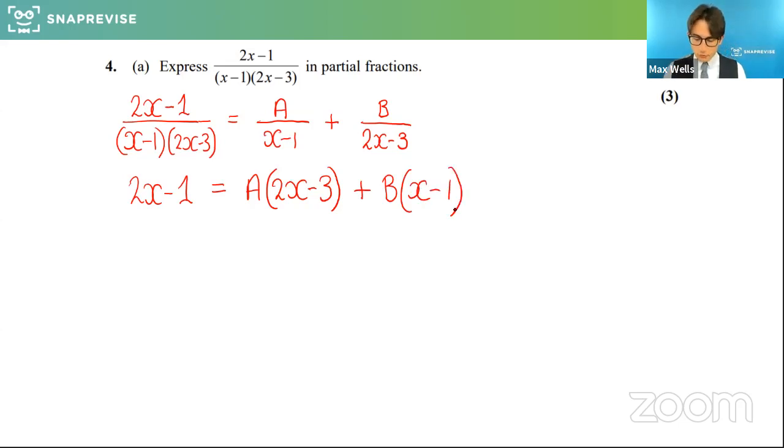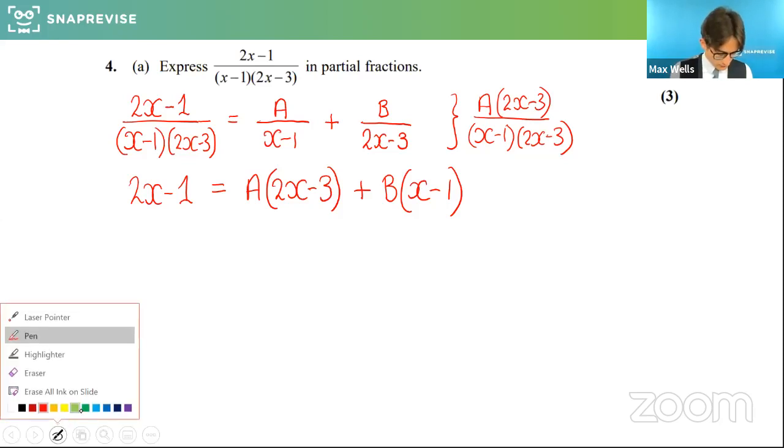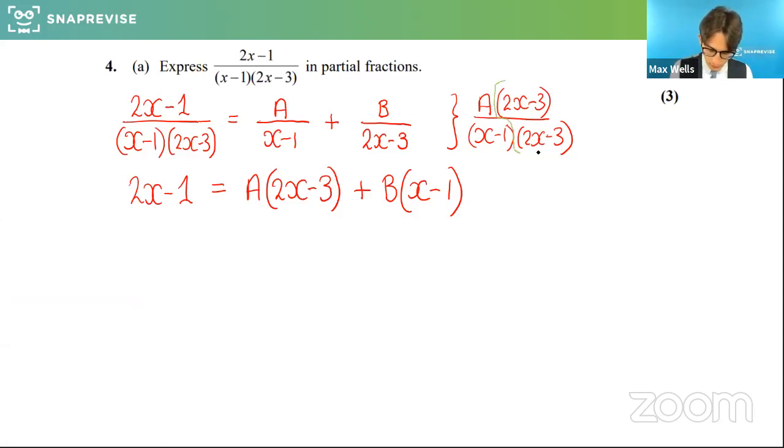Okay, and some people struggle with that step, so I'm just going to explain where that's come from. Remember that to make it a common denominator, you would have a times 2x minus 3 over x minus 1, which it was originally over, and 2x minus 3. So what we've done essentially is we've just times by 1 in a clever way to make it an equivalent fraction with a common denominator.